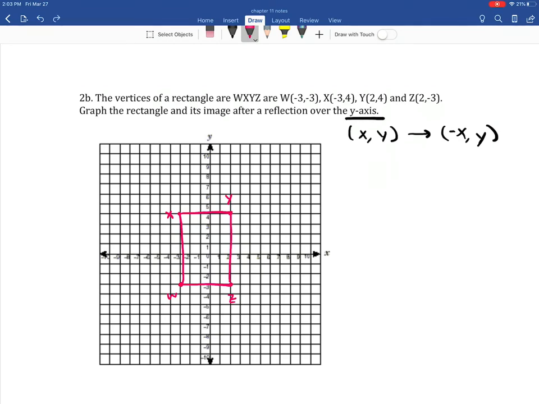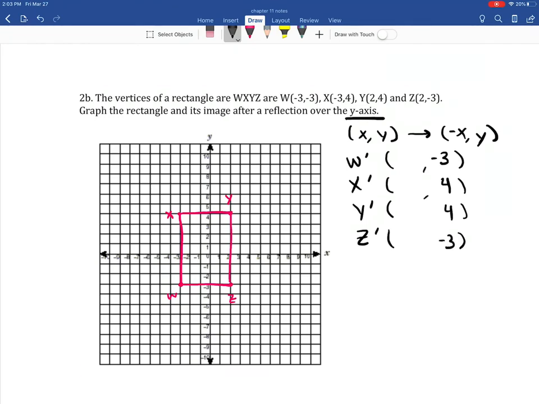And again, if it helps you out, take a second and you can write out your coordinates. So this time my y's are all the same, but my x is going to change signs.